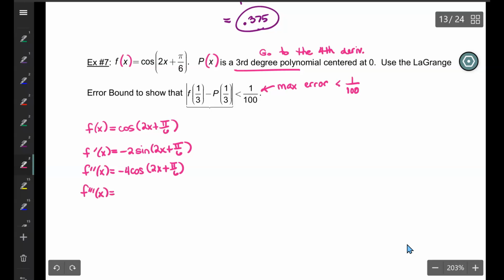My third derivative is going to be positive 16 sine of 2x plus pi over 6. And then my fourth derivative is going to be 16 cosine of 2x plus pi over 6.